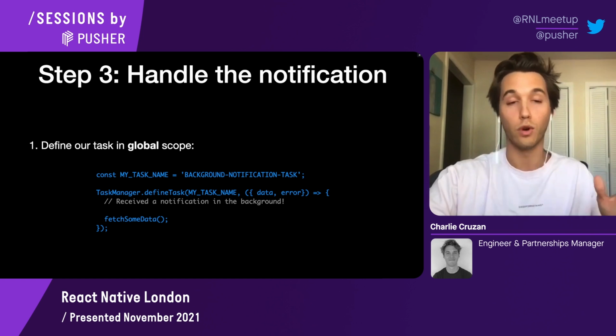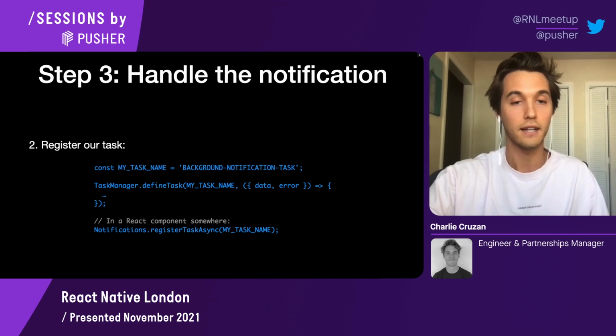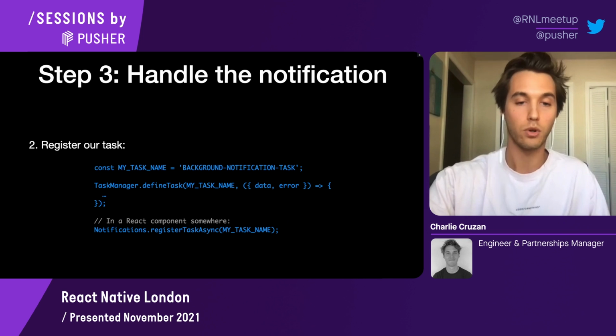Otherwise, it just won't work the way we want it to. And that's it. Once we have defined our task, we just call notifications.registerTaskAsync, give the identifier, and anytime a notification comes in while our app is backgrounded, this chunk of code will run, and it's super good for running background fetch requests, for instance.